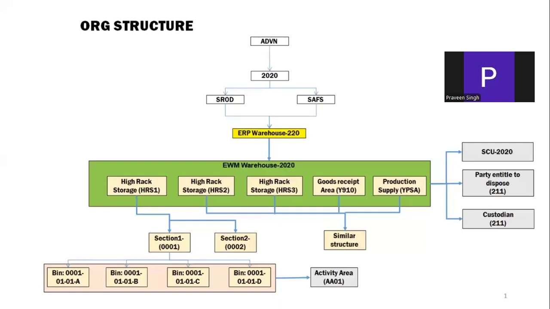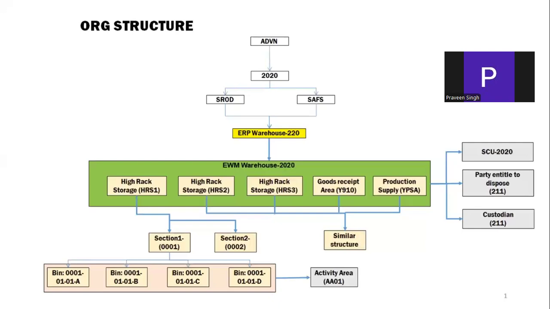For example, we need to move particular goods from one place to another place inside the warehouse management. That is called midbound moving.